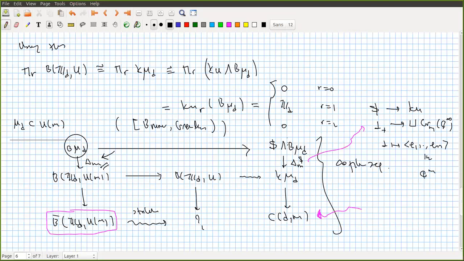So this is Cm. Okay, so this M is kept here. So I'm using these gamma spaces and then applying this functor to pass to these gamma spaces with a subscript B mu D, and then you take the associated spectrum to obtain this map.